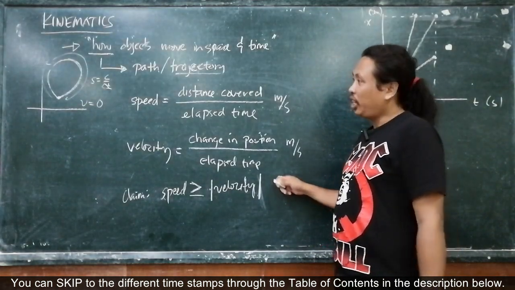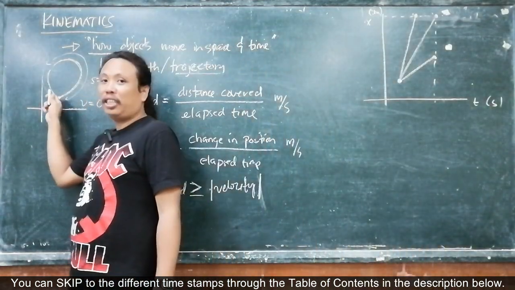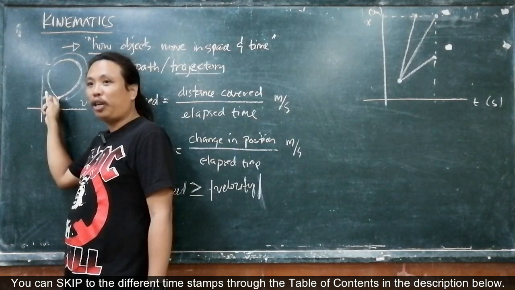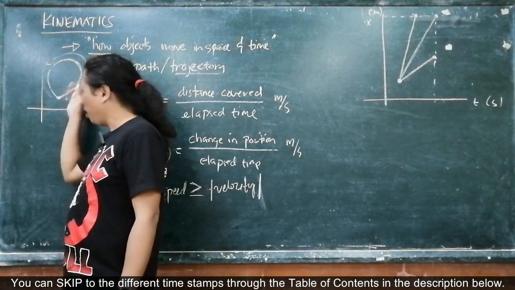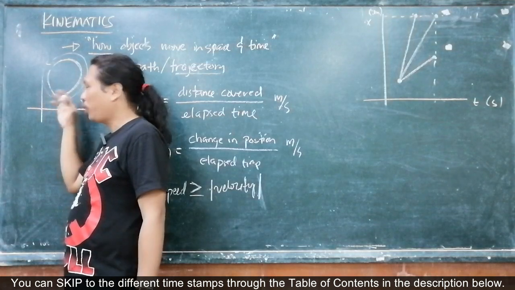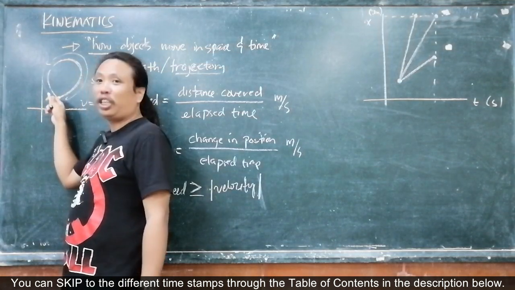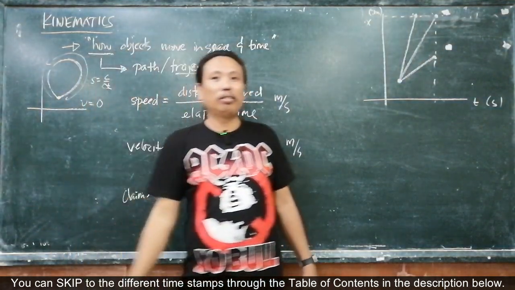In fact, I showed you the case that in this situation, the speed would be a positive number. It could be a very large positive number, or a small positive number, but the velocity in this case would be 0.